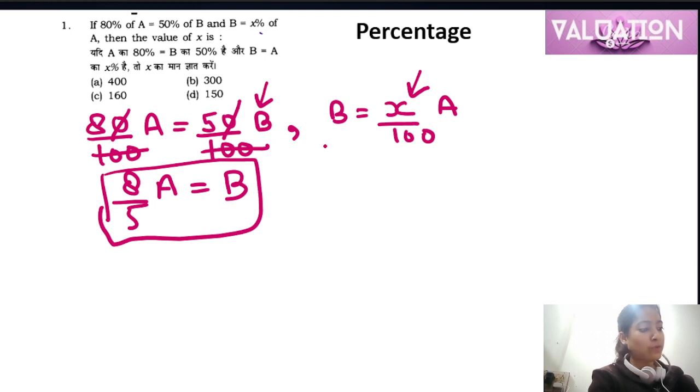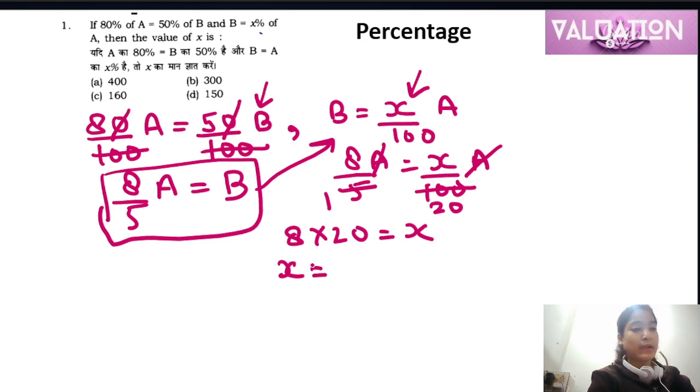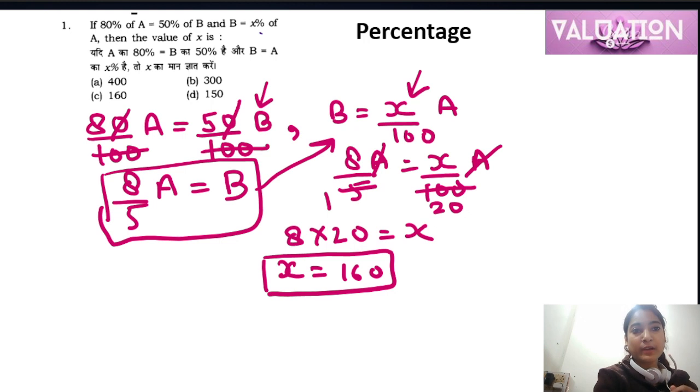Put this value of B in place of B, so we will get 8 divided by 5 A is equal to X divided by 100 A. Here 5 times 20 is 100. A will cancel out, and we will get 8 times 20 is equal to X, that is X is equal to 160. So the value of X is 160. Okay, let's move to the next question.